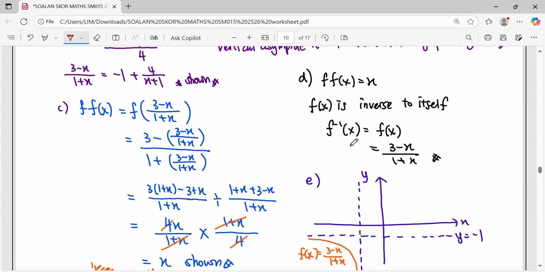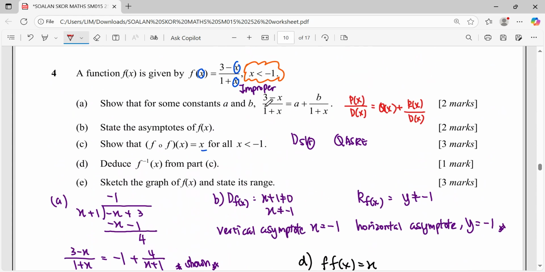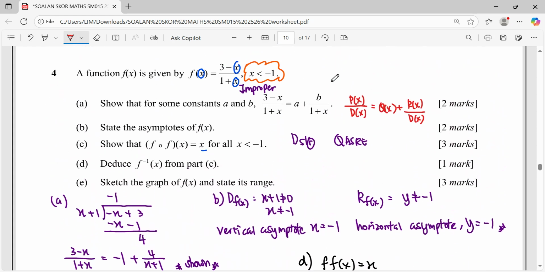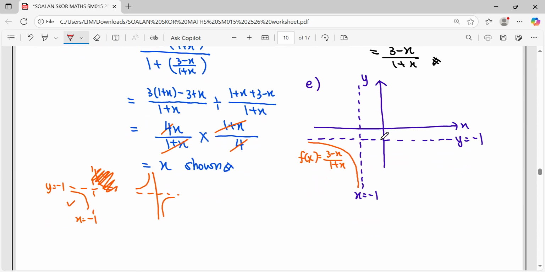And lastly, the question said state its range. So normally, just now what we found here, the range in general is y not equal to -1. When we consider it together with the condition here, you can see we are only leaving one part here. Therefore, when you want to find your range now, you need to observe from your graph.